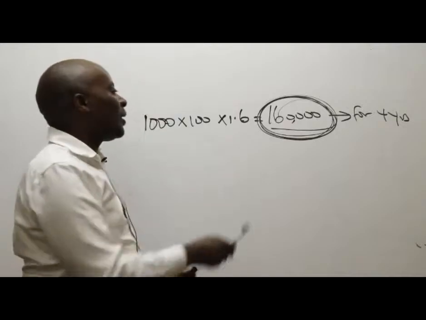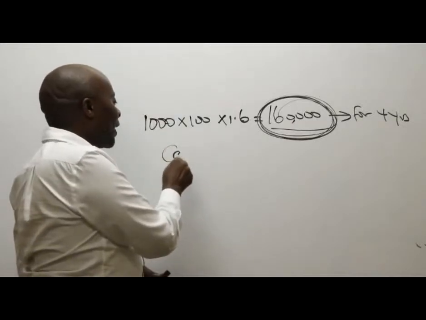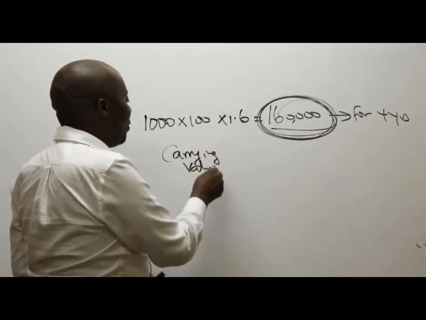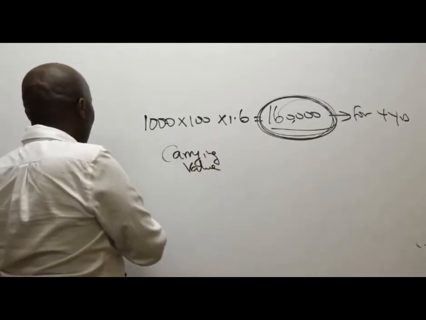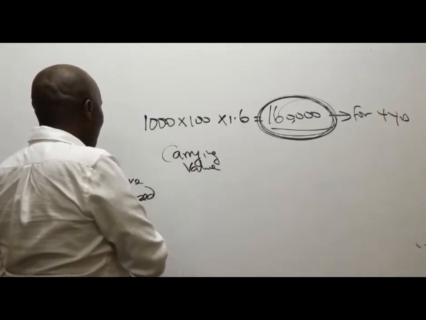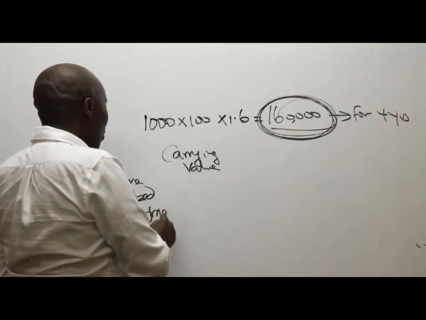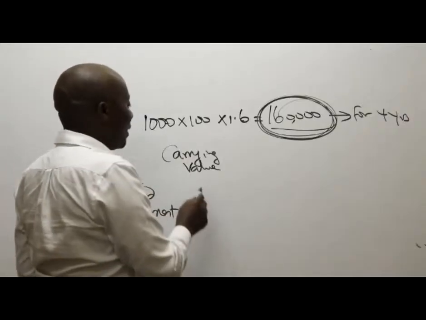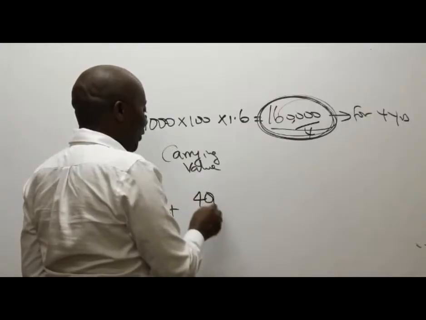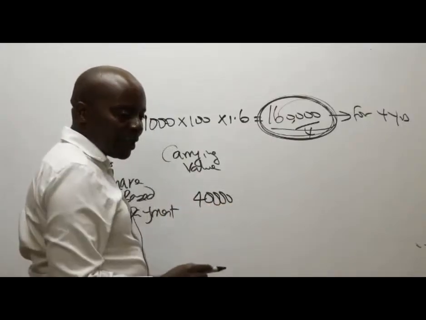So in that case here, the carrying value of my share-based payment is this divided by 4, which gives me how much here, somebody? 40,000.